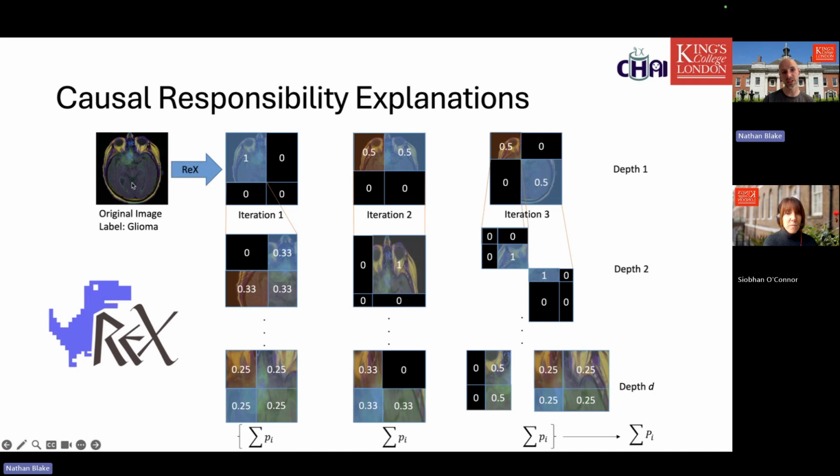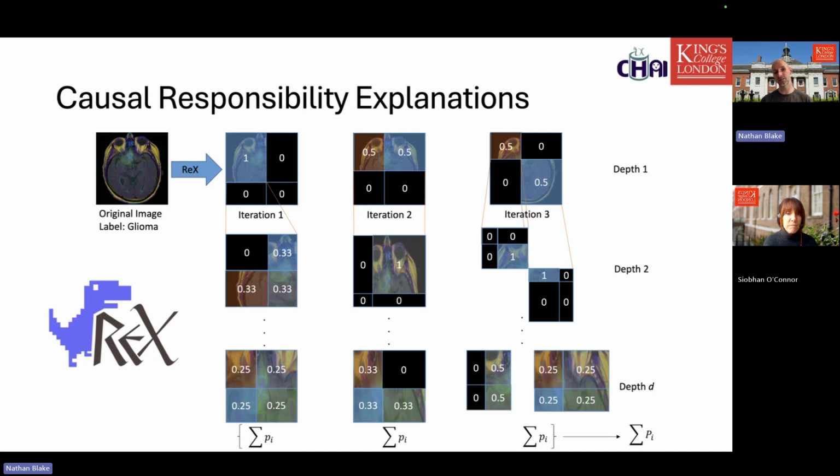The first thing that we do is we randomly partition the image. In this particular case, we've got 4 partitions, and we randomly blank out some of those partitions. So we zero them out. We then send this partially occluded image to the classifier. And the classifier will either say, yes, that's cancerous glioma, or it's not.